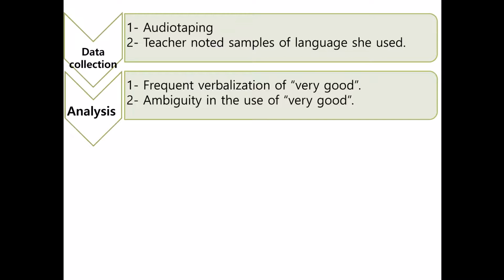That was 1. 2, she also found out that the way with which she used this expression was ambiguous to the students, meaning since she used this expression quite often, even for those who delivered correct responses and for those who delivered wrong responses.